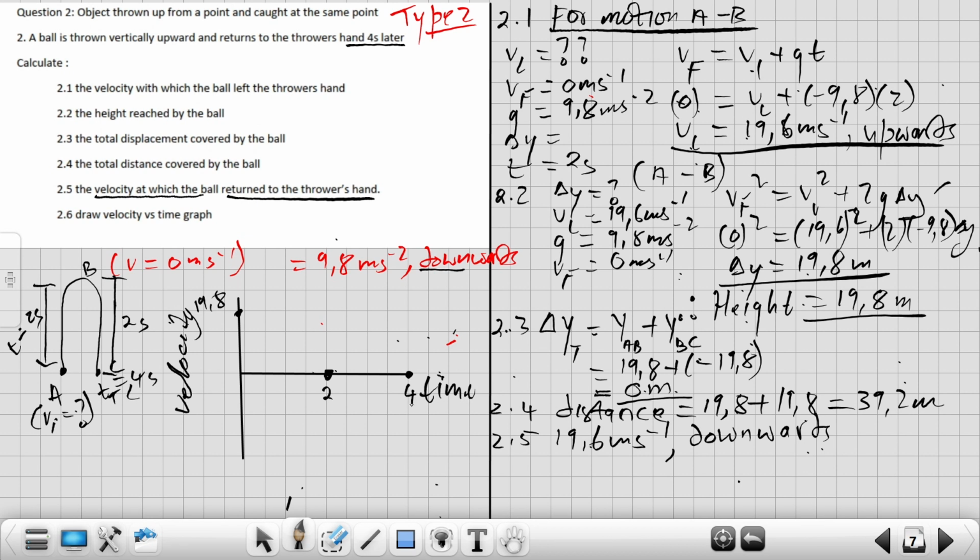But we also knew that we had the final velocity, which was 19.8 as well. Then we are just going to plot our graph. I'm going to take my straight line and have something like this.